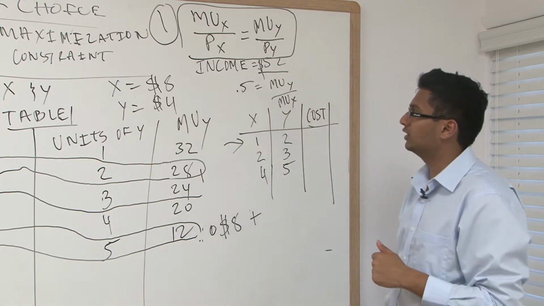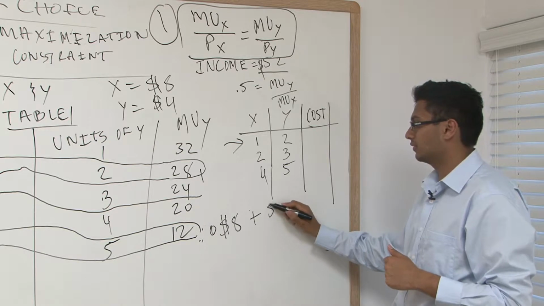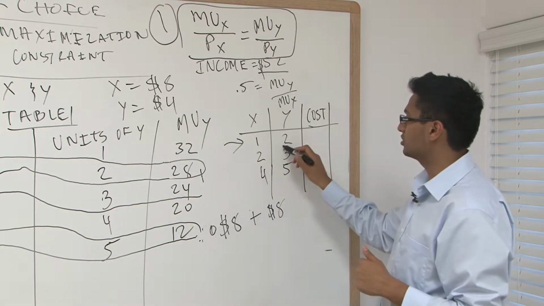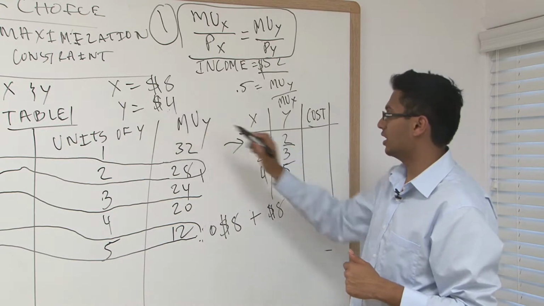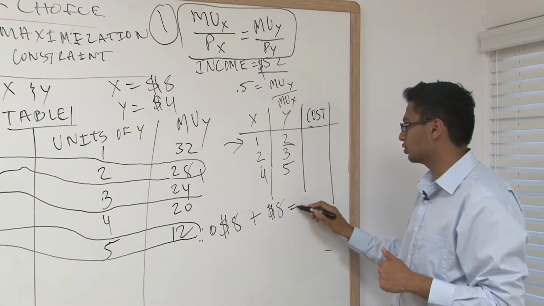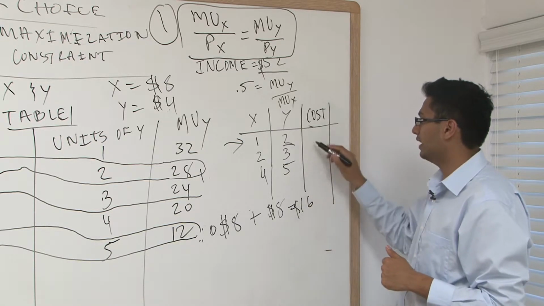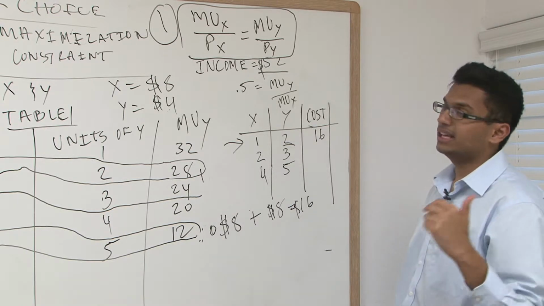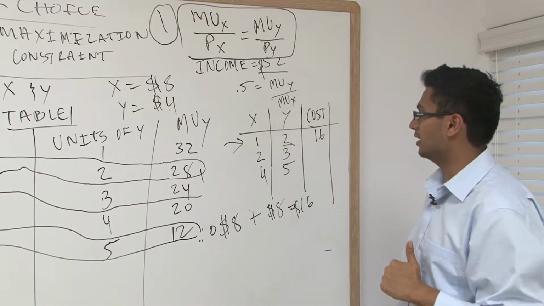That's $8 as well, because 2 times 4 is 8. Get this? 2 units of y, and each unit is $4. That's $8. So total cost is 16. So that's 16 over here. All right, then let's take the second combination.